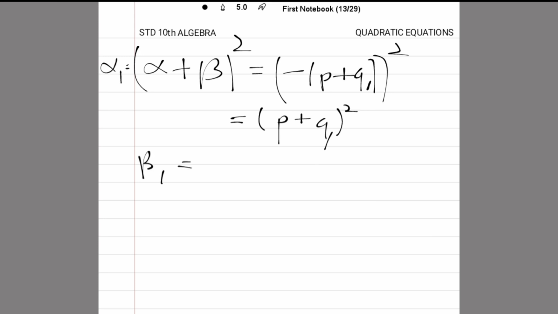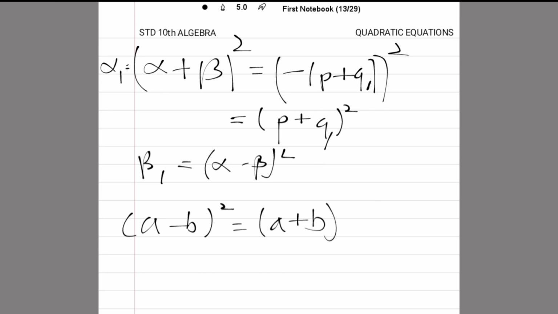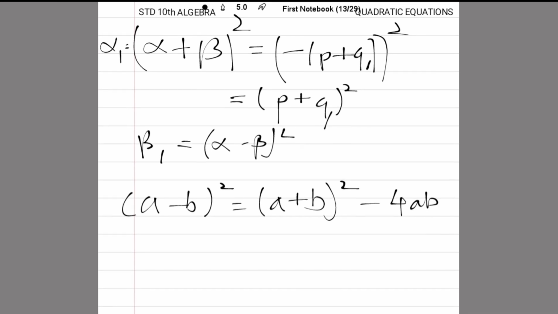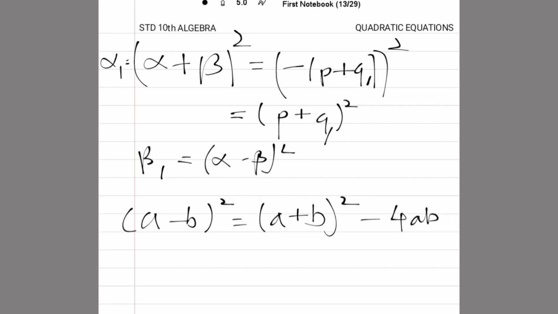For beta 1 we have alpha minus beta whole square. Now how we will find this: we know the formula, a minus b whole square is equal to a plus b whole square minus 4ab, right? So this is the relation between a minus b whole square and a plus b whole square. The only thing we have to do is subtract this 4ab, right?